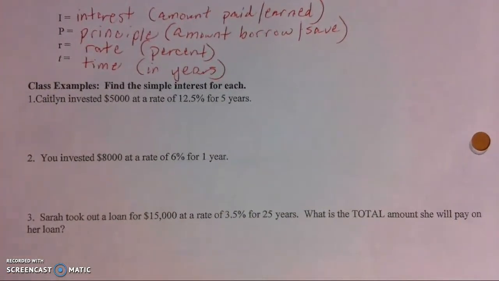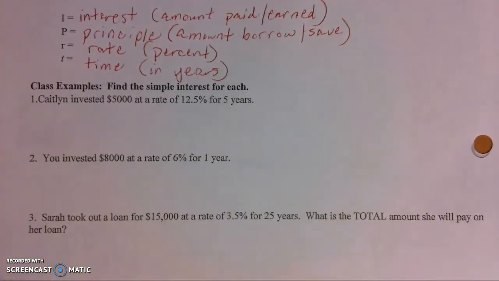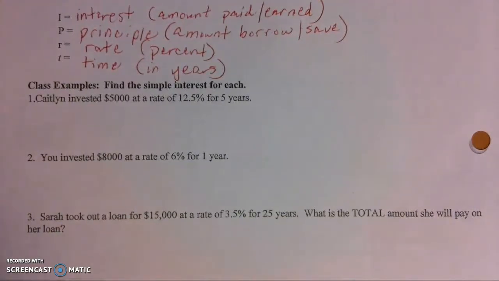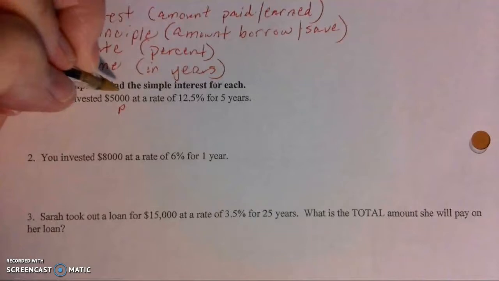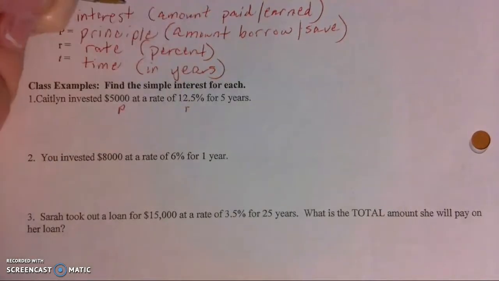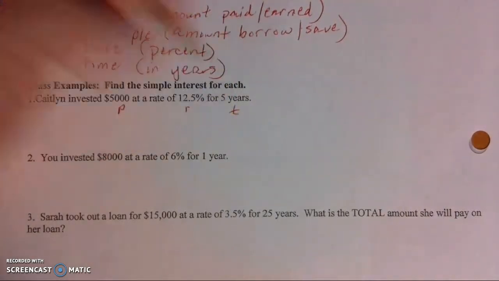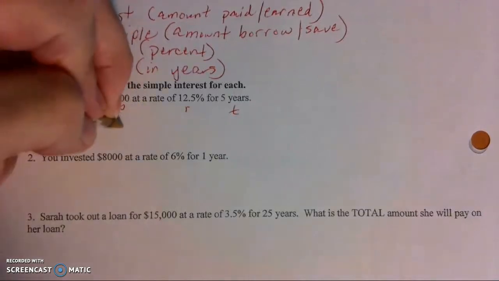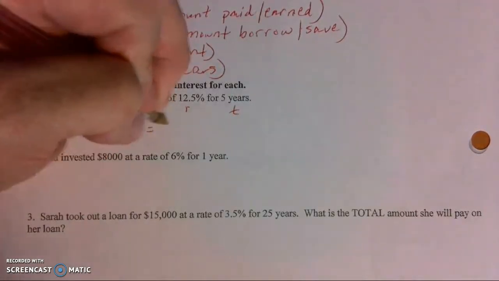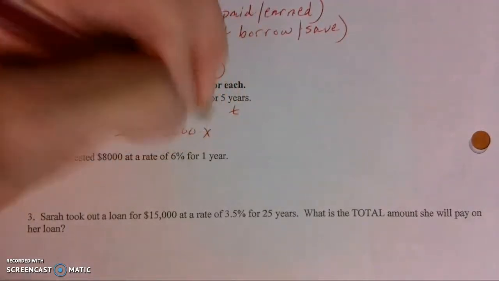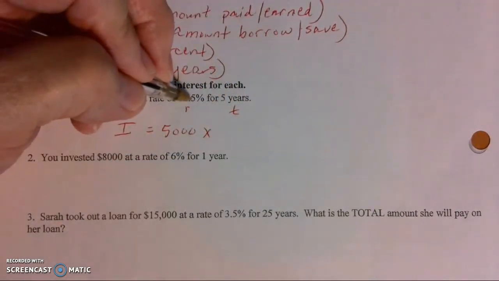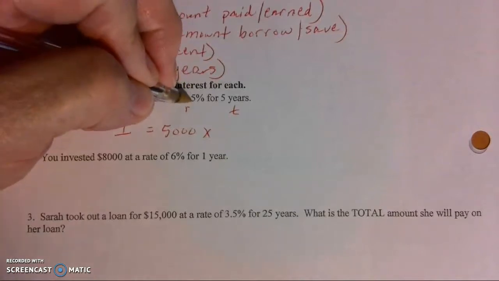Caitlin invested $5,000 at a rate of 12.5% interest for 5 years. And all I want to do is find out how much interest she made. So $5,000 is my principal, 12.5% is my R, and 5 is my T. So interest equals 5,000 times, and remember, we always have to change percent to a decimal.